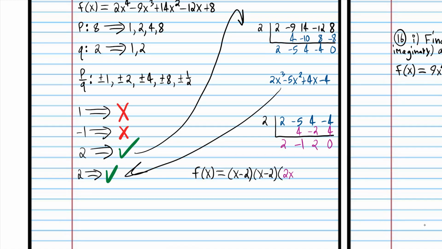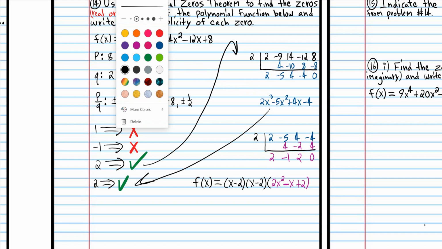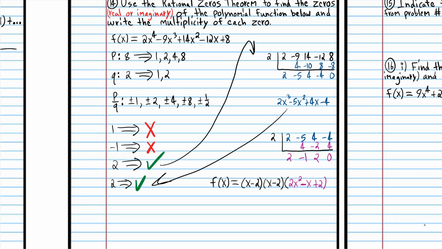So we have 2x squared minus x plus 2. And notice that the degree is 1 less than what we started out with each time we use synthetic division. So we started out with 4, then we went down to 3, then we went down to 2. And the reason for that is because you're dividing by a degree 1 polynomial. These are degree 1 polynomials, x minus 2 and then x minus 2 again.